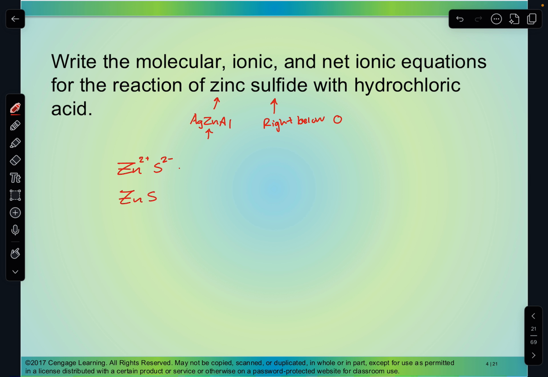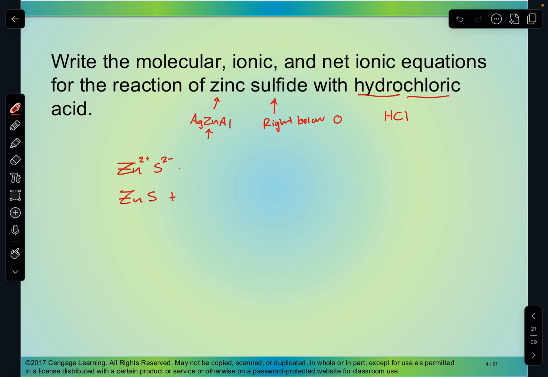And now hydrochloric acid. Remember, hydro means that we just have that hydrogen, and chloric means that it is going to be a binary salt. So we have HCl.